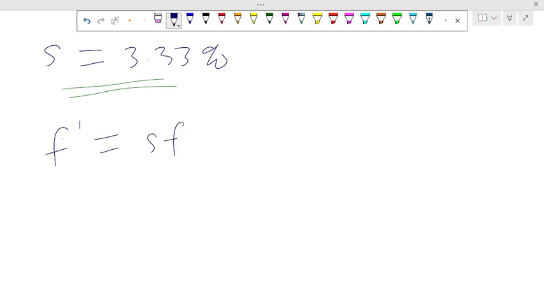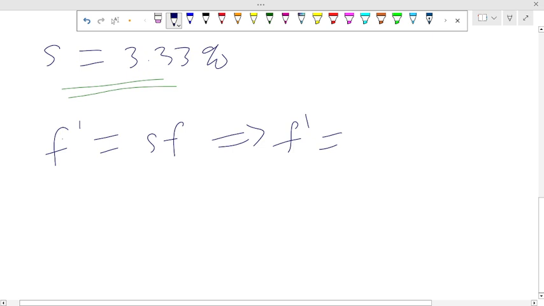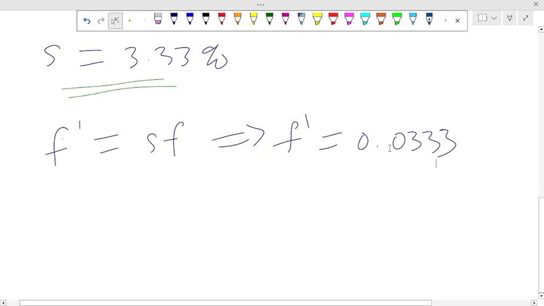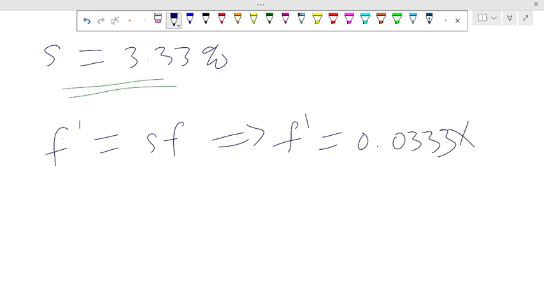And we have our s here, which, if you divide this by 100 to take out the percentage, you have 0.0333. And that will be multiplied by our frequency, which is 50. So this will give us 1.67 hertz.